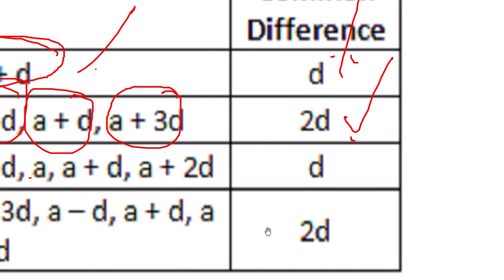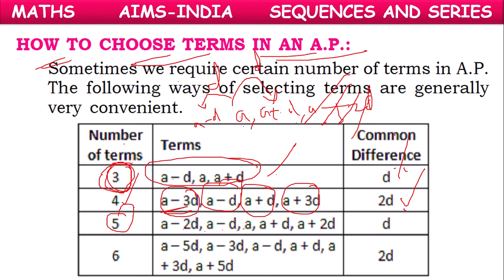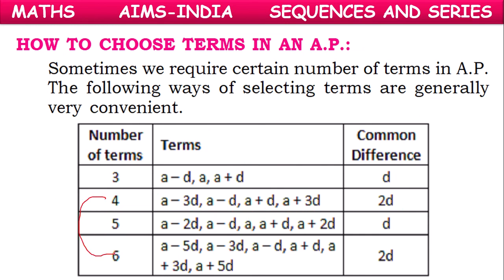When we have to take an odd number of terms, we will take terms like that. Common difference is D and A should be in the middle. Before that A minus D, after that A plus D. When we have to take an even number of terms, we will take terms such that the common difference is 2D.